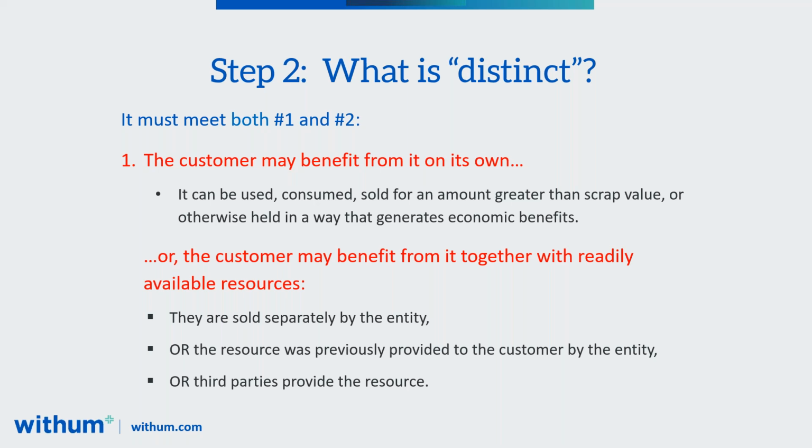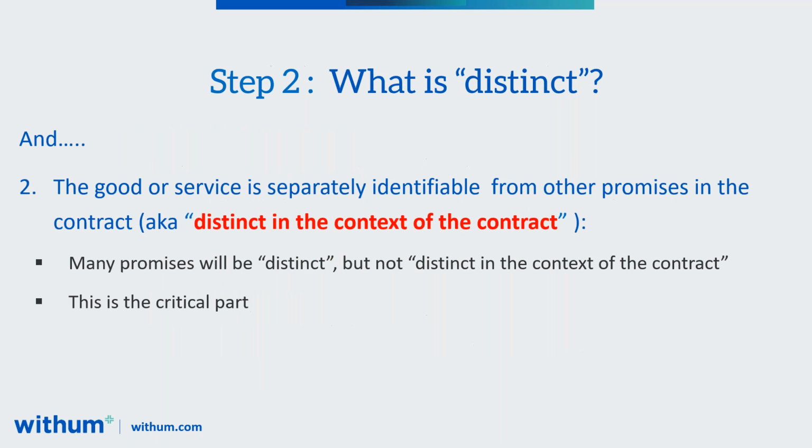Can they go out in the marketplace, for example, and buy that other part very easily? You know, was something already provided to them in the context of your contract that together with this secondary good, it will be distinct and the customer can benefit from it on its own. So that's the first of the 2 pieces of what distinct means.